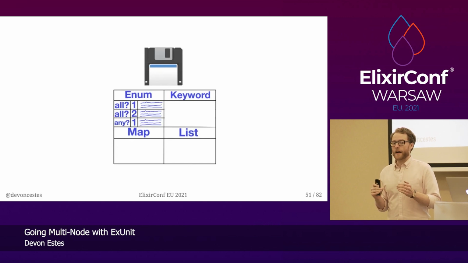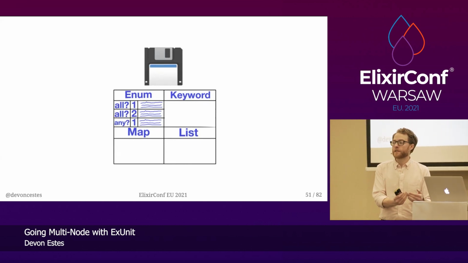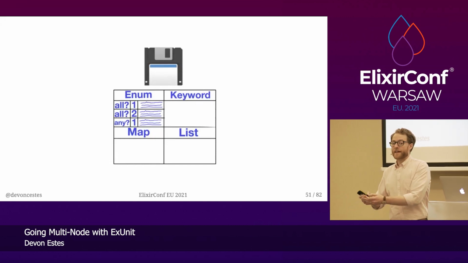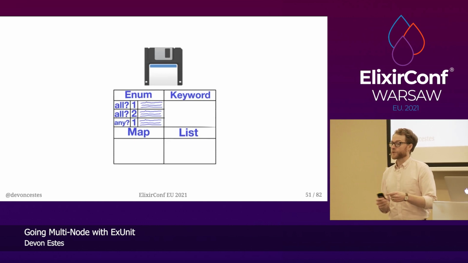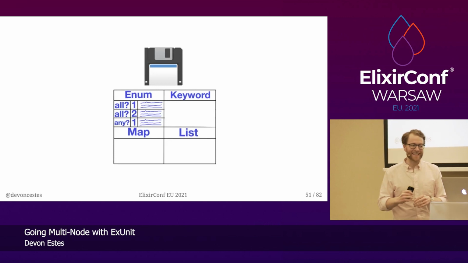So these BEAM files are instructions to the VM about what to do when it encounters this function. It's basically instructions on how to load our program into the VM, which is another computer program. So that really means, if you think about it, Elixir is a computer program to write a computer program for another computer program, to run our computer program. It's really weirdly meta when you think of it like that.